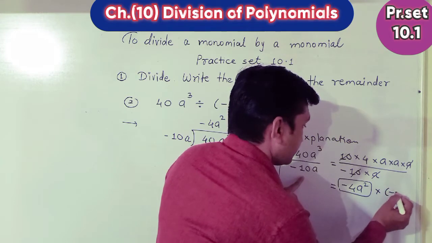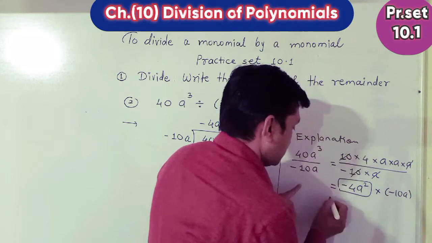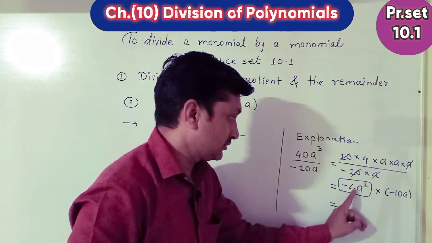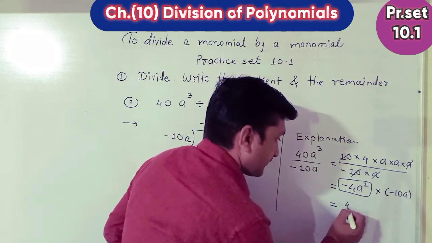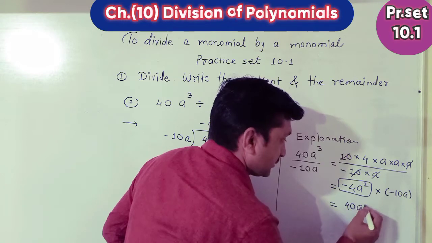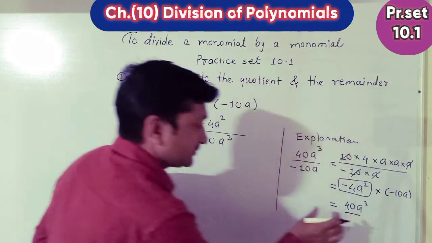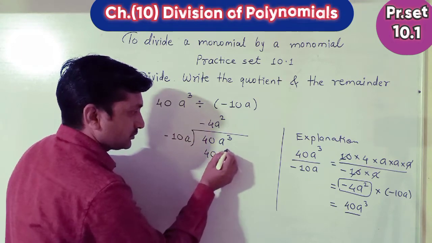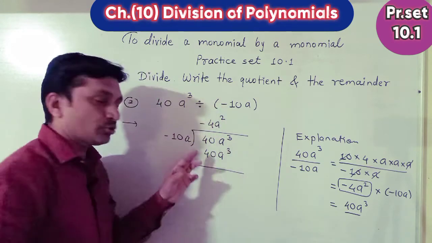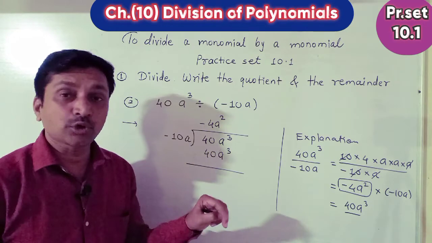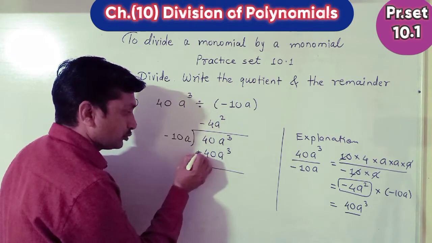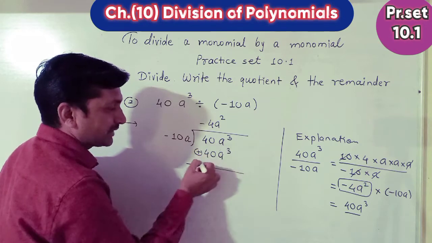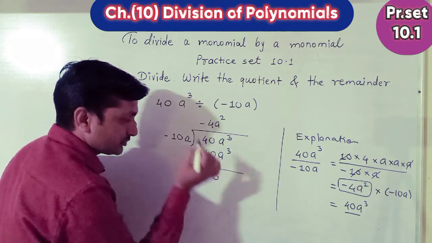Multiply by divisor. Divisor is minus 10a. Now product. Here is product, that's why minus minus plus. 10 4s are 40. A square into a cube, and this we have to write here down, 40a cube. Now we are going to subtract, change the sign of second term, means here original sign is plus, new sign minus, and here 40a cube minus 40a cube, value 0.